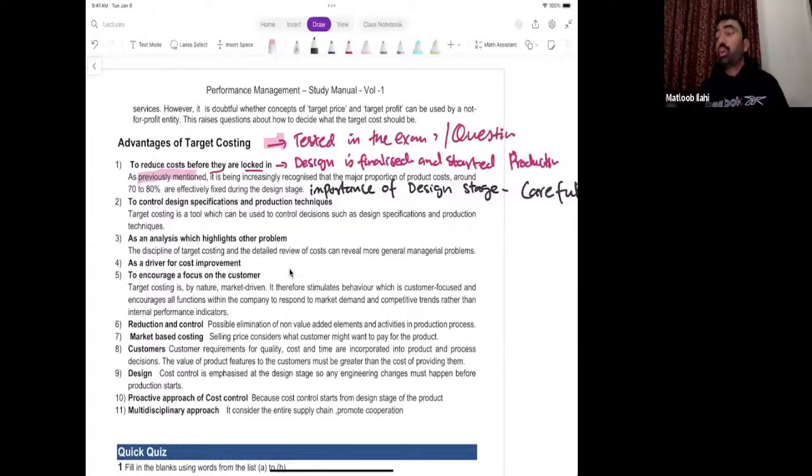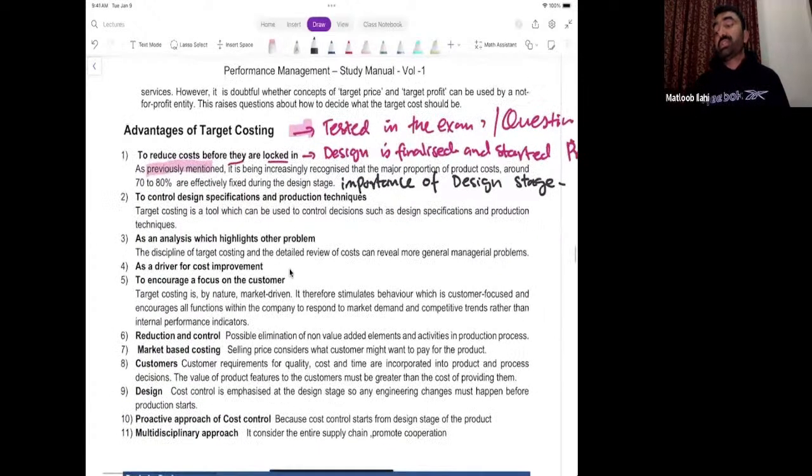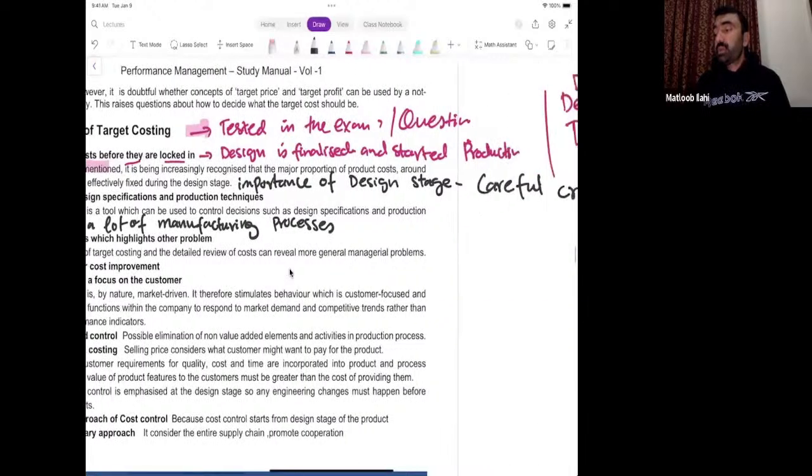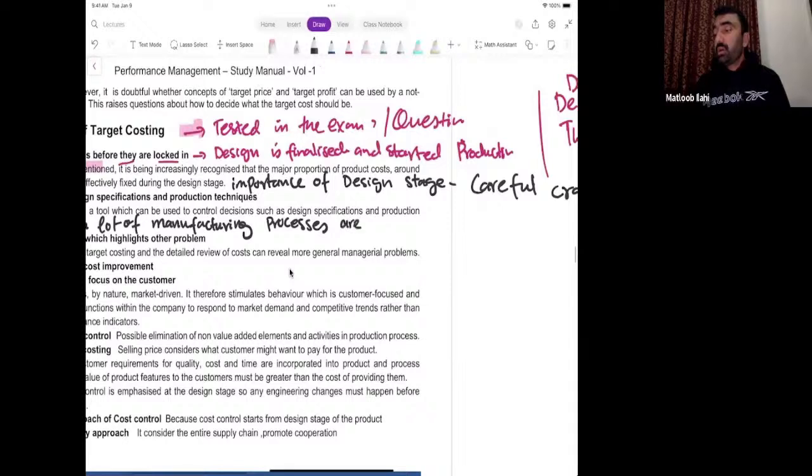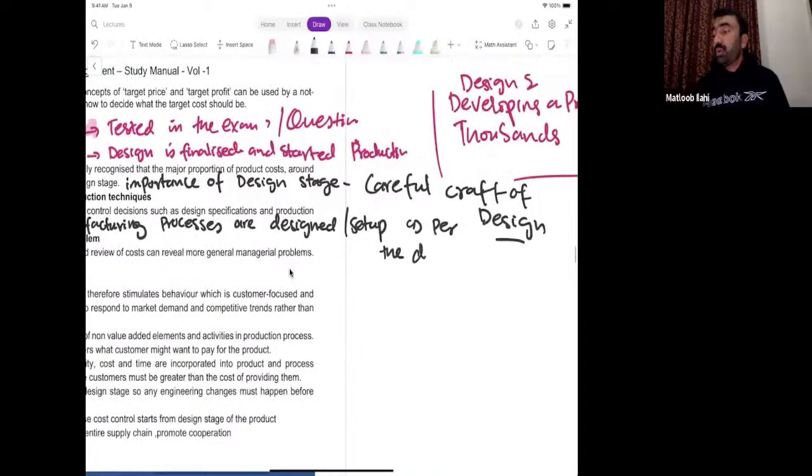Yes, a lot of manufacturing processes are designed or set up as per the design of the product.